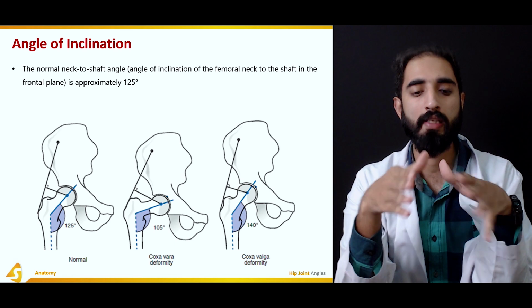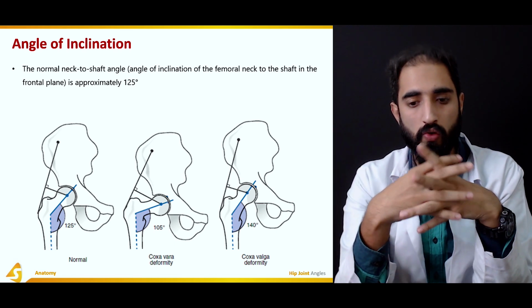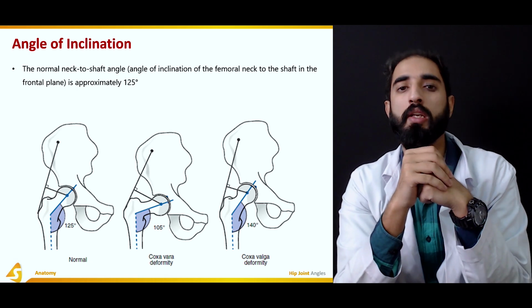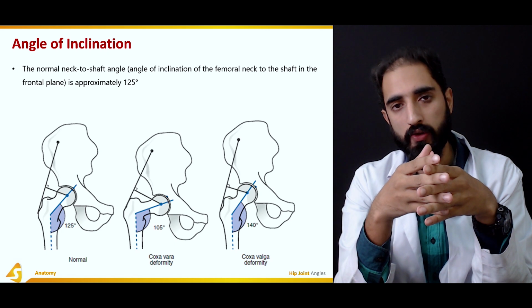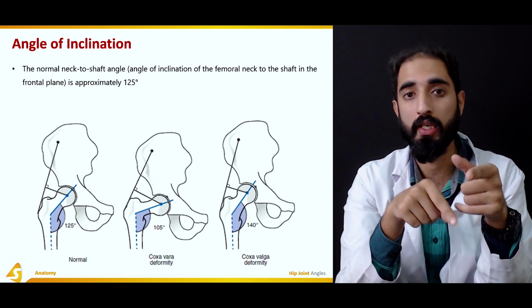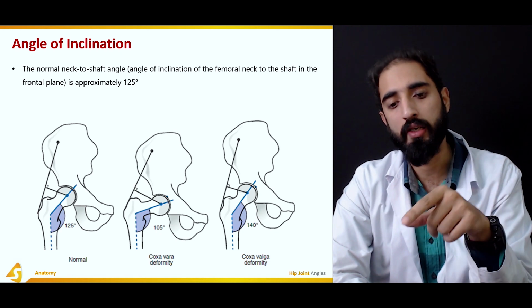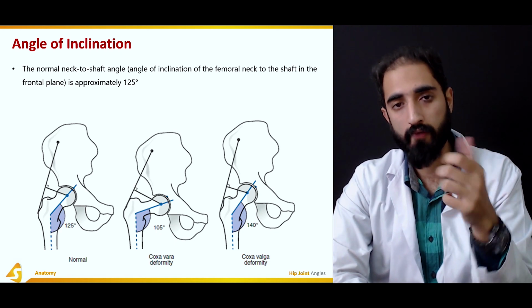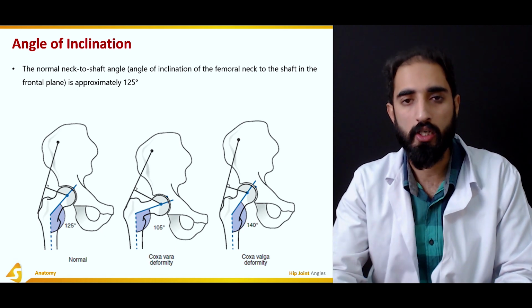So for this superior orientation, we need a normal 125 degree angle of inclination. But if it is less than 125 degrees, that condition is known as coxa vara, which is due to a smaller angle of inclination, and this even leads to further deviations in the lower extremity, causing associated genu valgum. If there's coxa vara at the hip, it would also cause genu valgum at the knee joint.